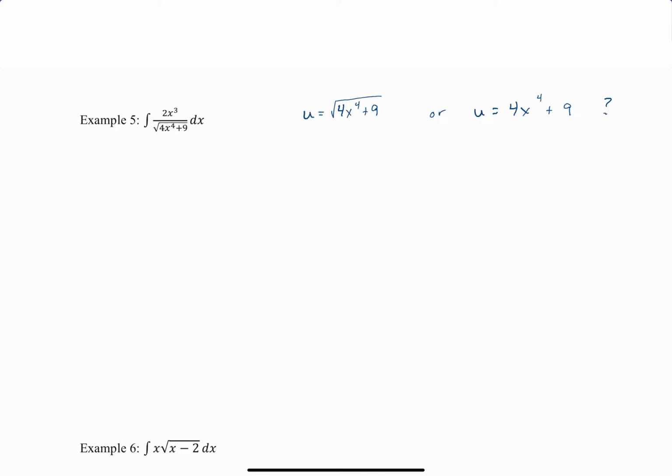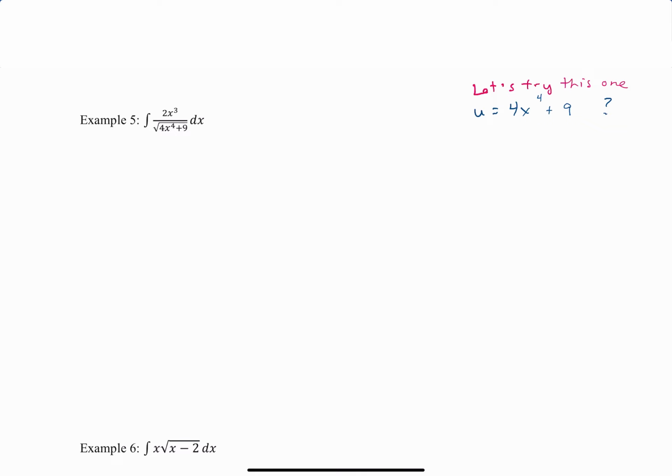So in general, if you're faced with a choice between having u be the denominator versus having u be what's inside the radical, I would go with what's inside the radical. So let's try this one. If it doesn't work, maybe we'll try the other one.